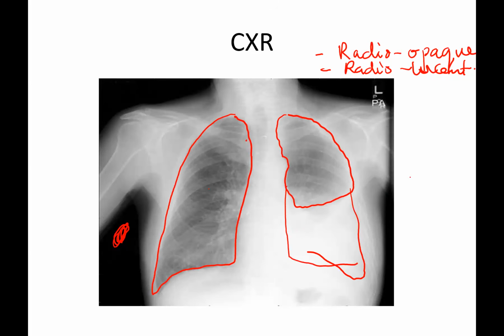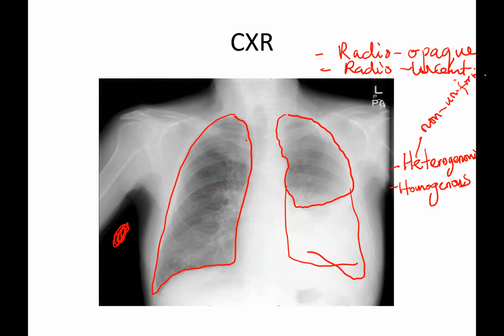This radio-opaque shadow could either be heterogeneous or homogeneous. When you say heterogeneous, it means it is non-uniform.